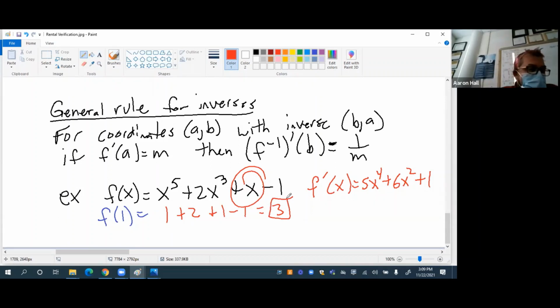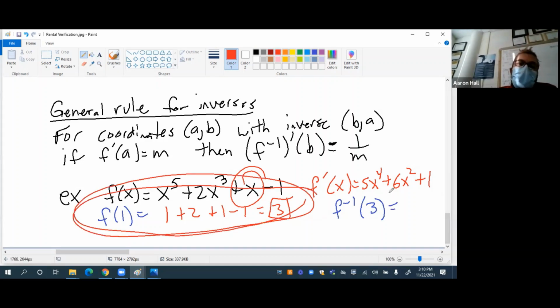So the inverse of f of 3 is what? We should be able to tell from this piece here what the inverse of f at 3 is.